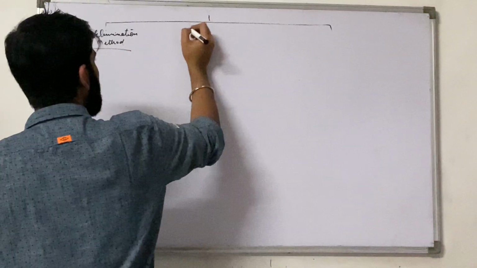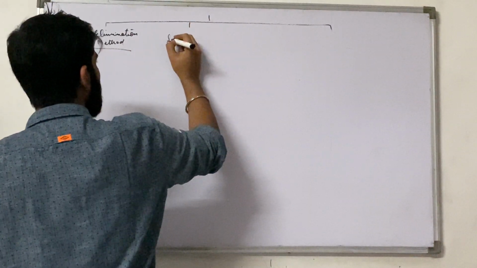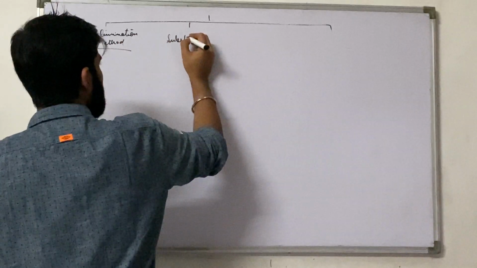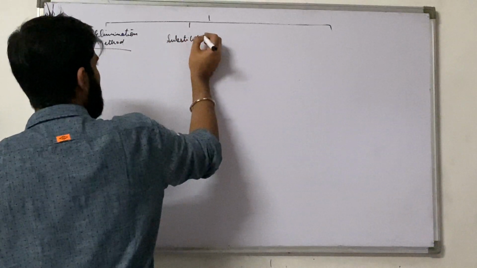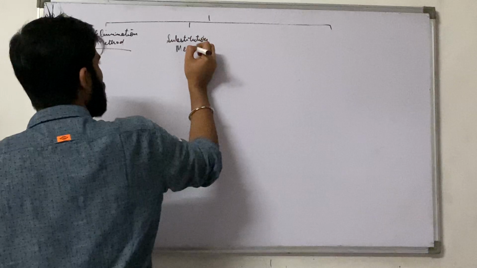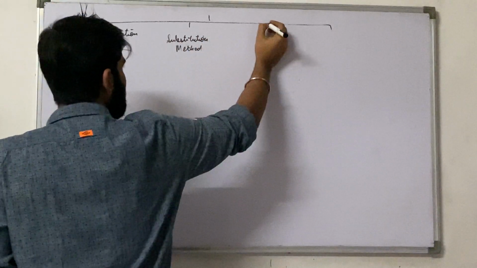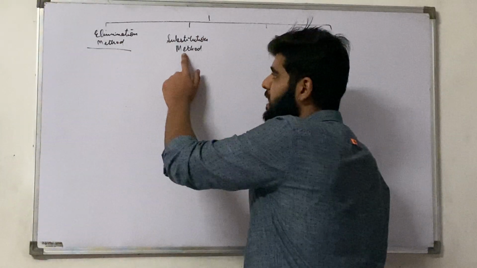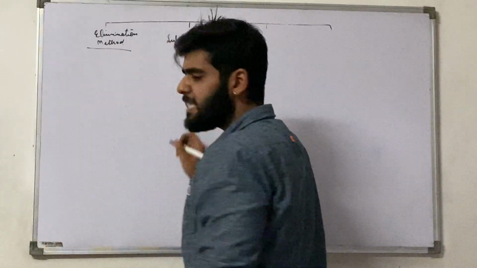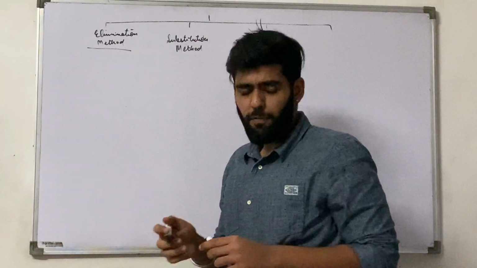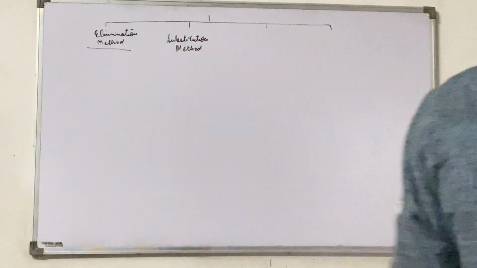The second one is the substitution method. This method you have done in your 9th standard, but this method leads to a lot of errors in bigger calculations of numbers.